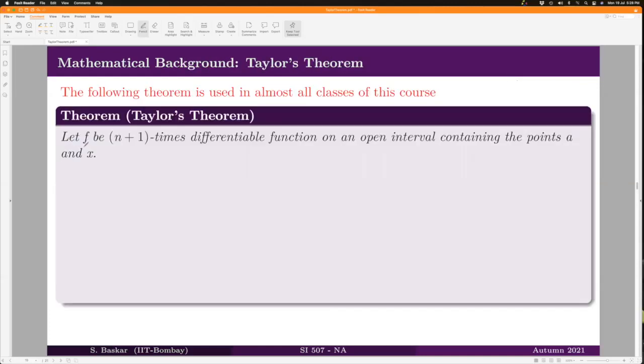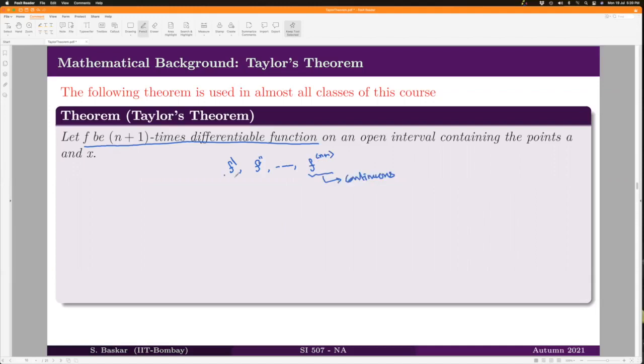Assume that the function f is n+1 times continuously differentiable. What it means is, I can find f dash, f double dash, and so on up to the (n+1)th derivative, and the function f^(n+1) is also continuous.